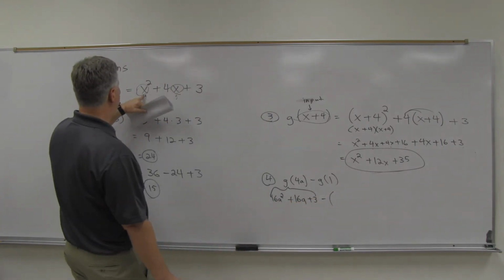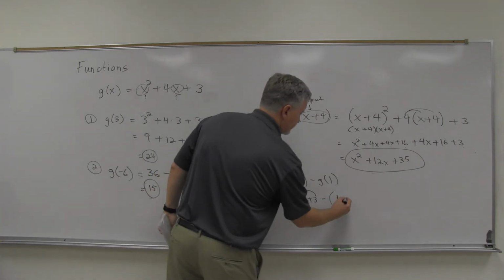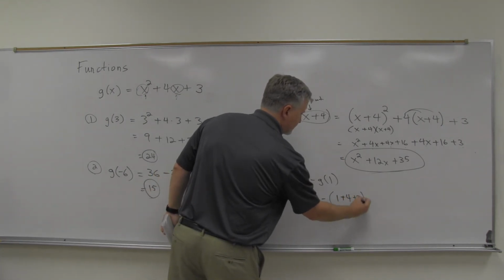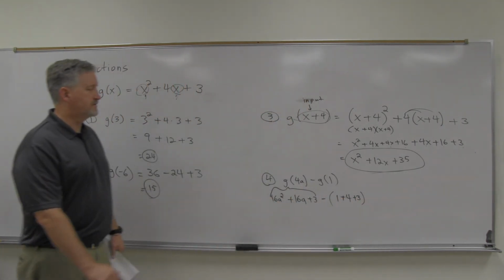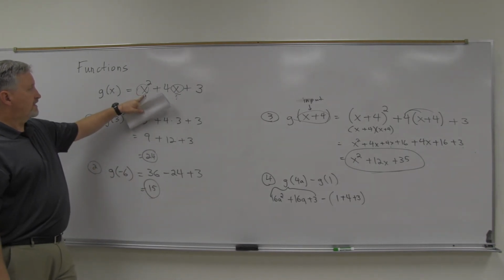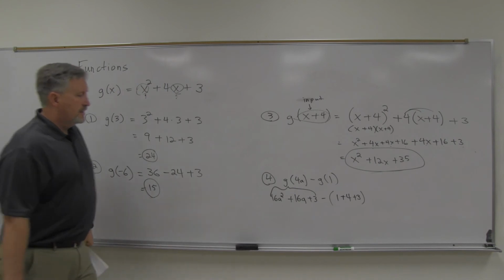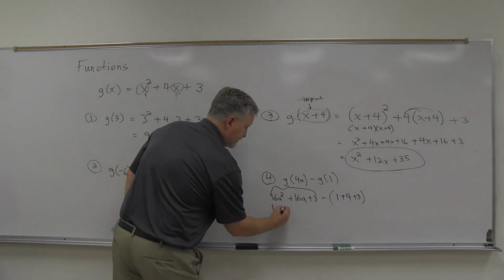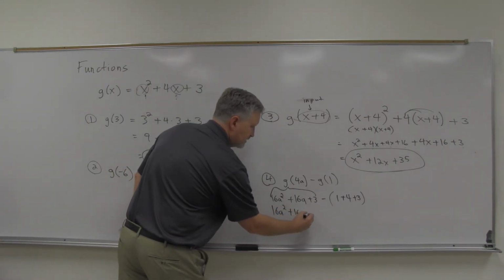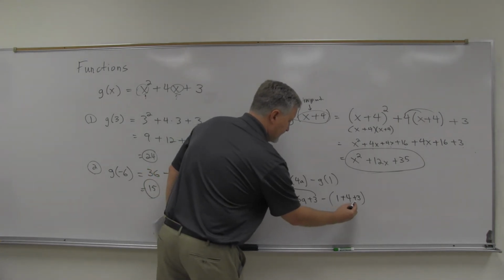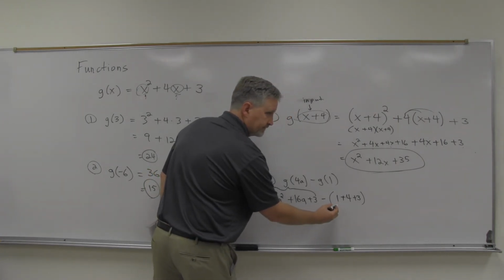Well, g of 1, just be careful with your signs there. Just plug in the 1, you'll have 1 squared plus 4 and then plus 3. So we've got 16a squared plus 16a, and what would that be? 3 minus 8, negative 5.